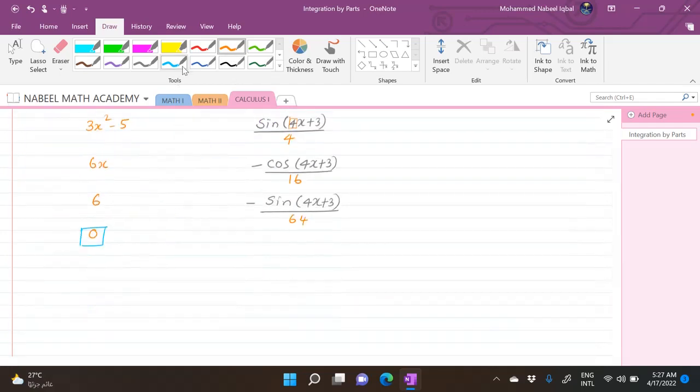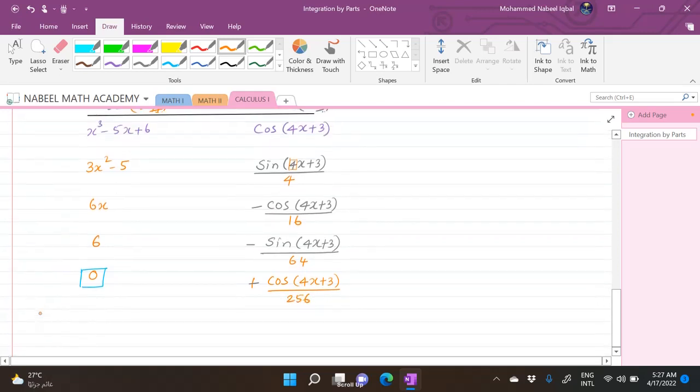And the last one, when you integrate sine, it becomes minus cosine. Minus of minus becomes plus cosine(4x plus 3) over 64 into 4, which is 256. After that, we have to go with the cross multiplication.